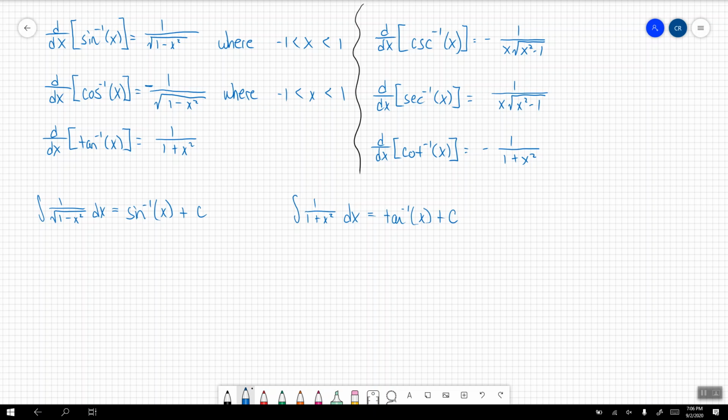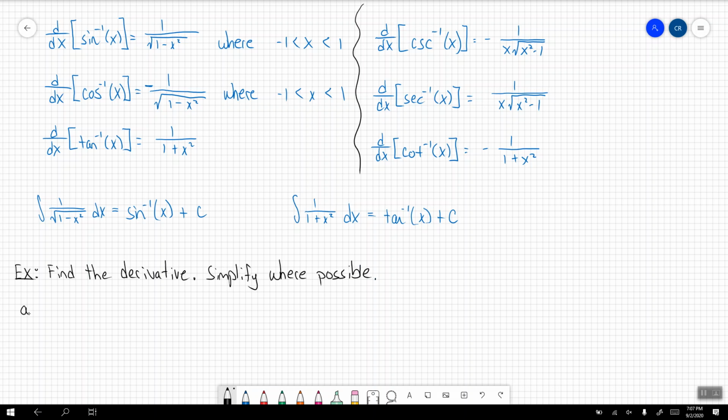Now, we're going to start implementing this onto our class examples. So on this example, what we want to do is find the derivative and then simplify wherever possible.